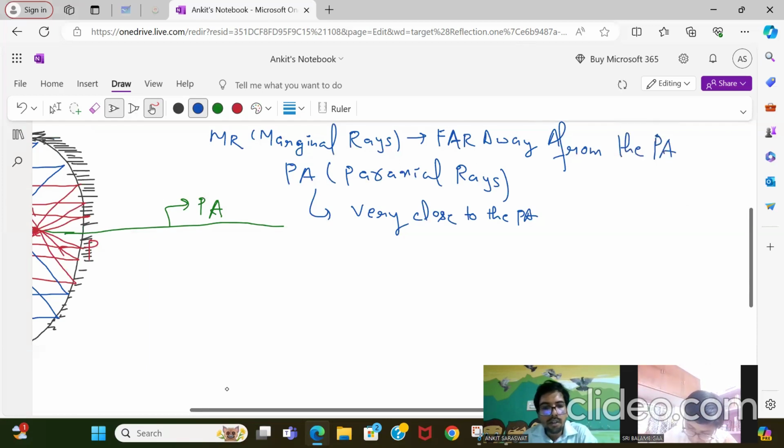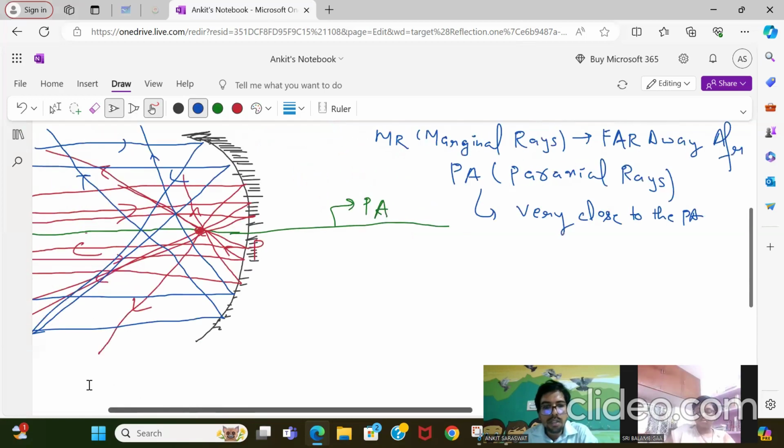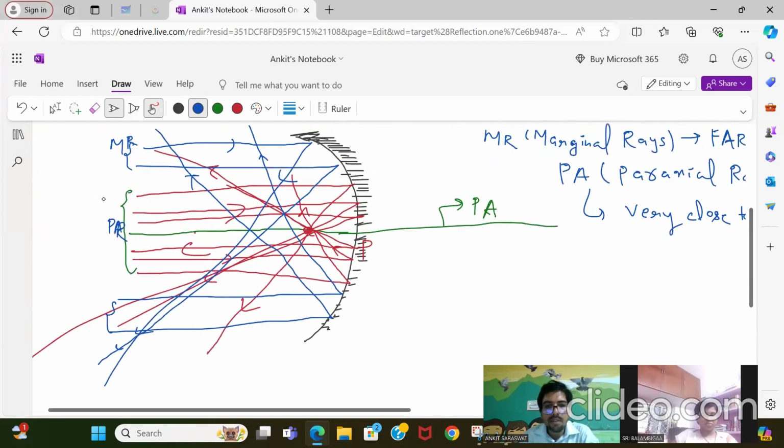Did you notice why we consider only paraxial rays? What is the reason? From this diagram, did you notice that for marginal rays, some are intercepting at this point, some are intercepting here?